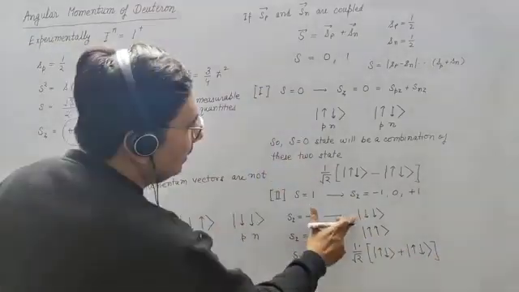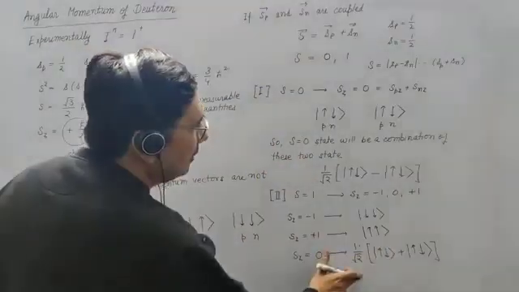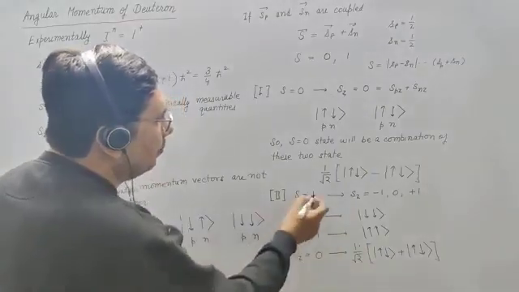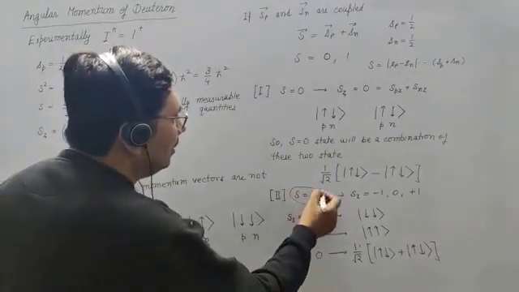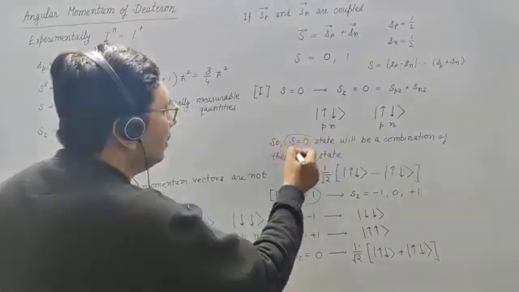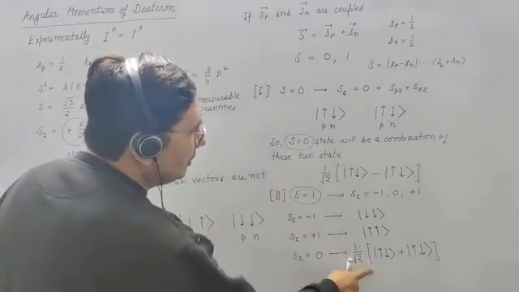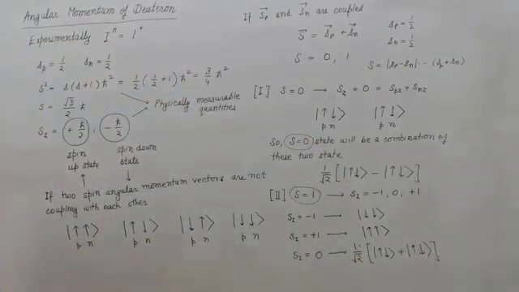This is the first state, second, third, fourth. These four states are possible. These three states correspond to S equal to 1, and this state corresponds to S equal to 0. So this state is different from this state, and they are orthogonal to each other.